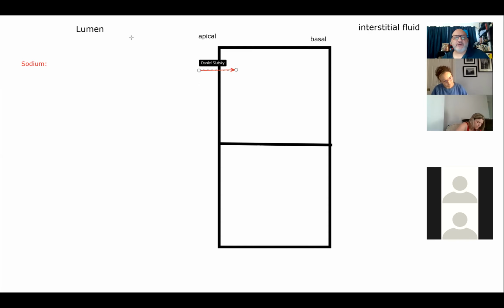On the apical surface, we are going to actively transport sodium across the apical surface. This is going to come in the form of both pumps, which of course are primary active transporters, but also co-transporters as well. For right now, let's just draw one of these pumps. So we'll get a little circle. As we know, pumps, of course, use ATP.